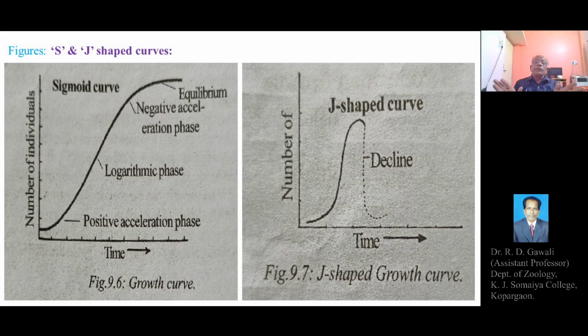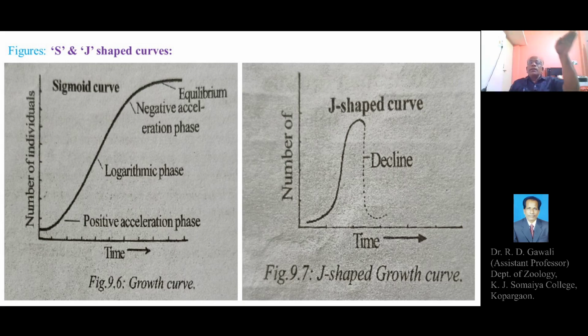So in the J-shaped curve, what is the condition? In certain populations, or certain species, in the initial phase of development or rate of reproduction, there is a very rapid growth, a very rapid increase in the number of the population, which reaches the maximum and stops abruptly.